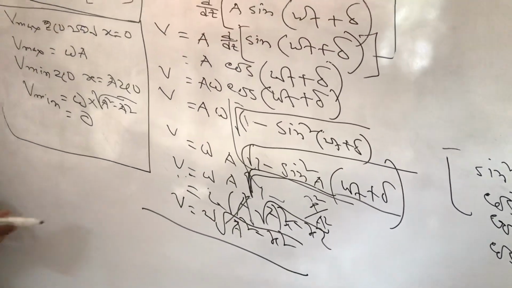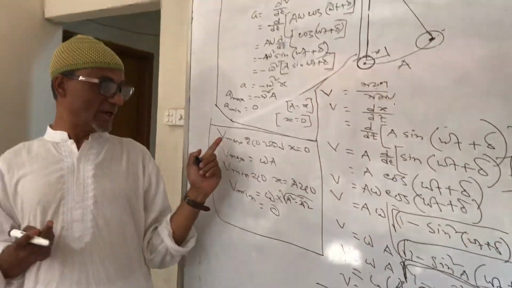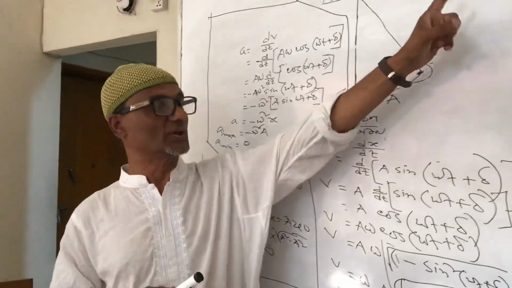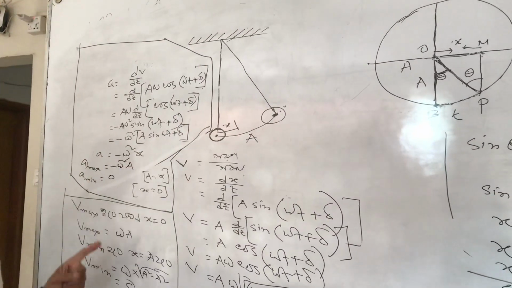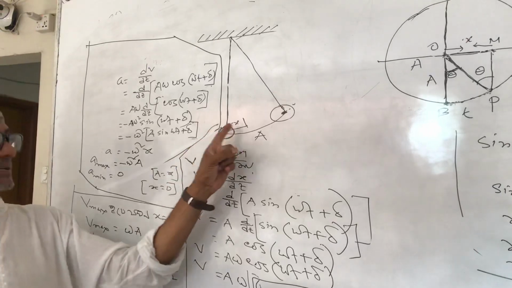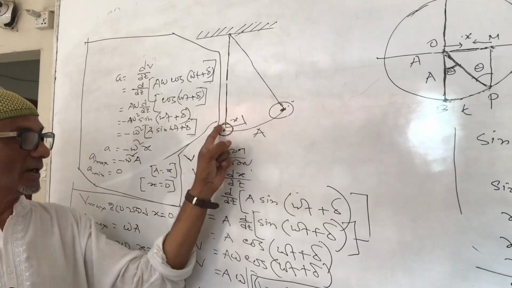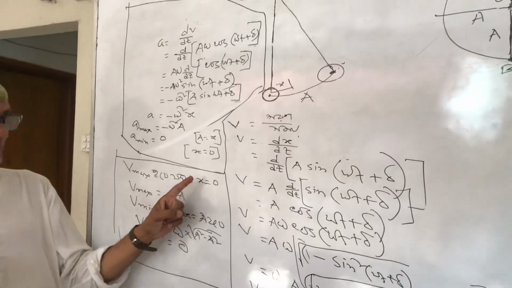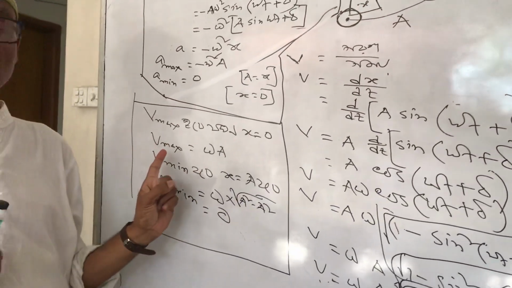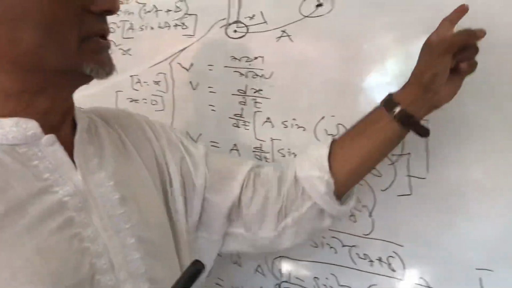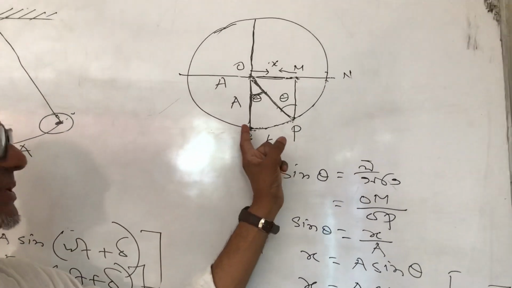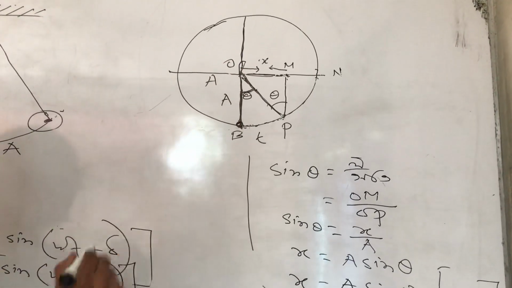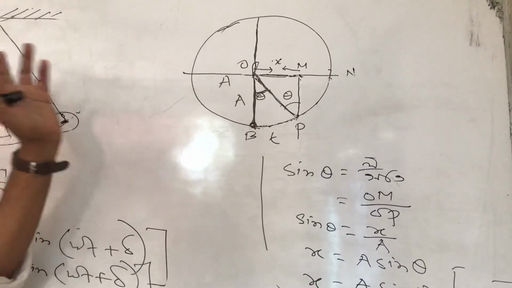This is the final result. What is the maximum value of the velocity of the simple harmonic motion? Here x is the displacement and A is the amplitude. If x equals 0, we will have the maximum velocity. That is the equilibrium position.